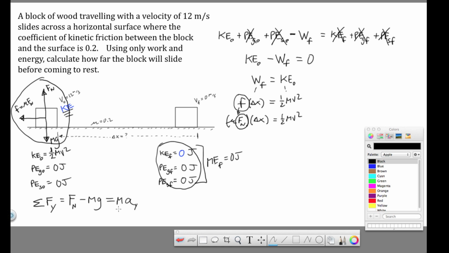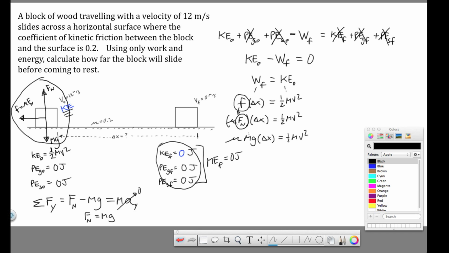And there's no y acceleration. The block is not accelerating vertically. So if you rearrange this, our normal force is mg. We're going to take that and plug it in up here. So now what we have is mu mg times delta x equals 1/2 mv squared.